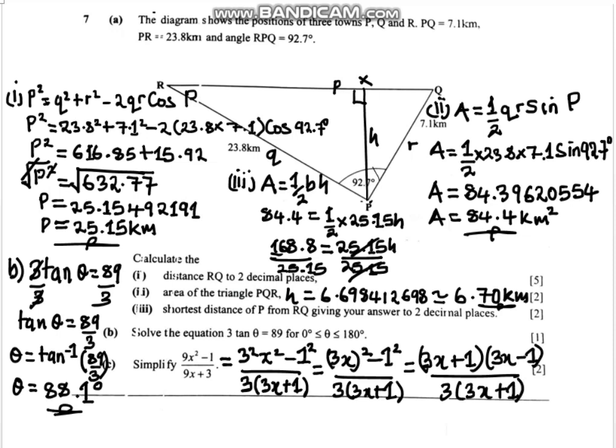And what we can do here is just simplify. So 3x plus 1 can simplify with 3x plus 1. So 3x plus 1 into 3x plus 1, that is 1, and 3x plus 1 into 3x plus 1, that is also 1 there. And 1 times, on the numerator, 1 times 3x minus 1 gives 3x minus 1, then over 3 times 1 gives 3. So 3x minus 1 over 3 is our solution on the last part.